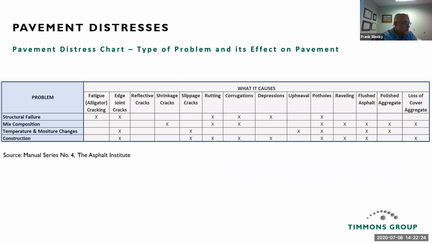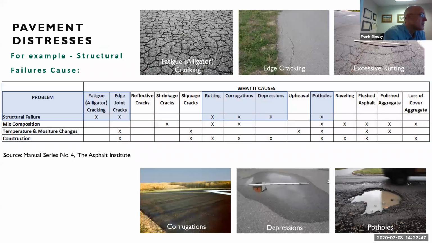So here's a pavement distress chart that comes from the Asphalt Institute Manual Series number 4, a very well-referenced document. It shows the type of problems and its effect on the pavement. So you see the problems over there in blue on the left and what it causes to the right. So for example, let's look at what structural failures cause.